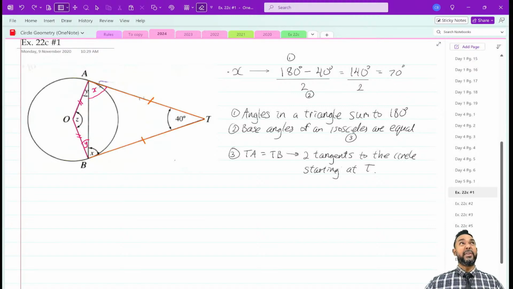TA is equal to TB. Yes, there's plenty of writing, but that's the name of the game with circle geometry. All right, so we found angle X.